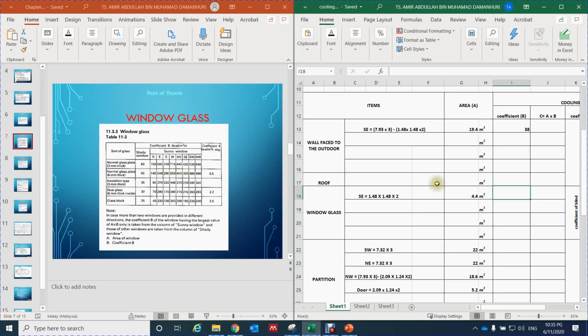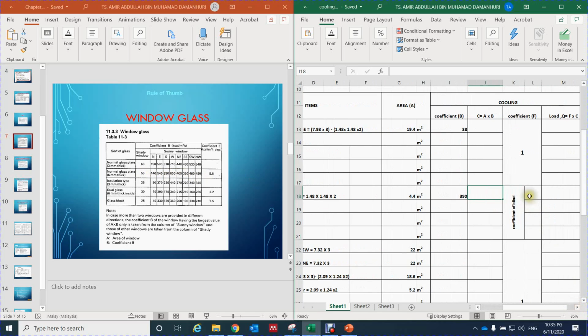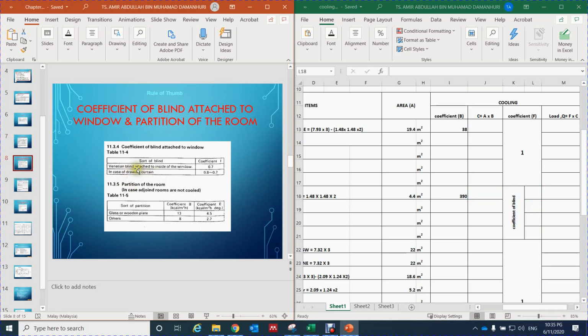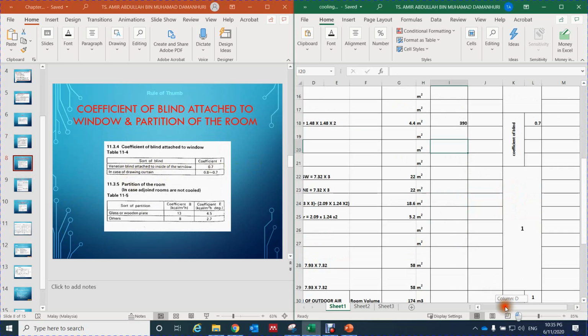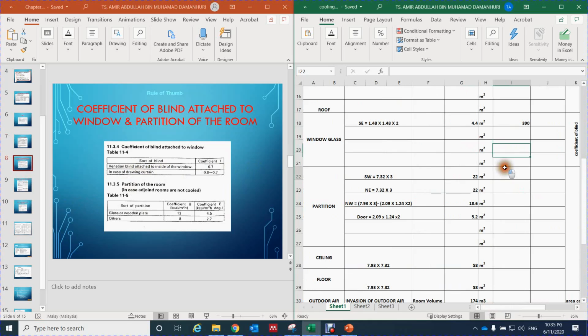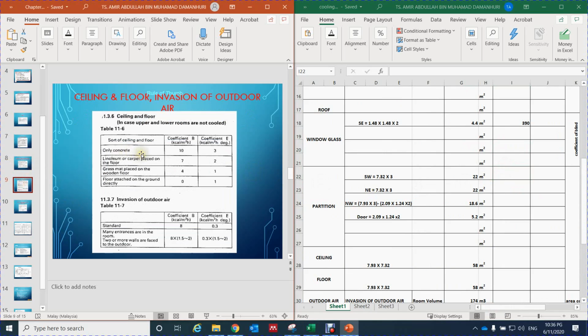It is 390. So don't forget to put in the coefficient of blind here, since it has a blind there, so the blind coefficient we have to put here is 0.7. Alright, next one, partition. So shielding.